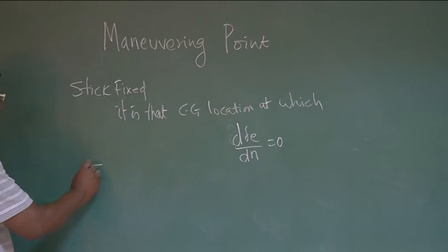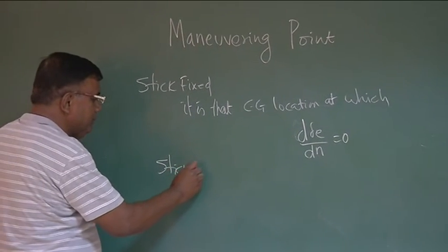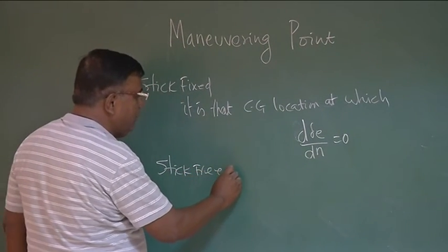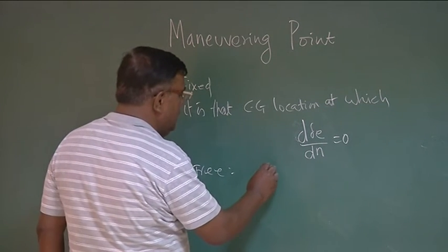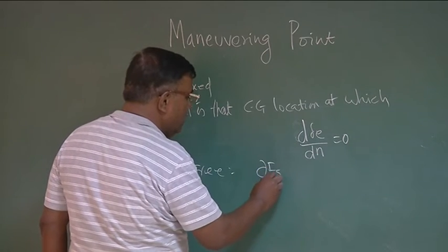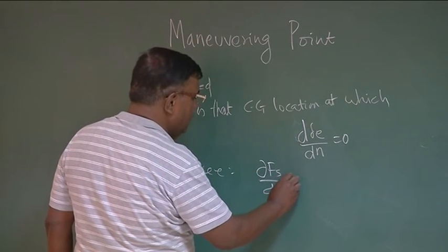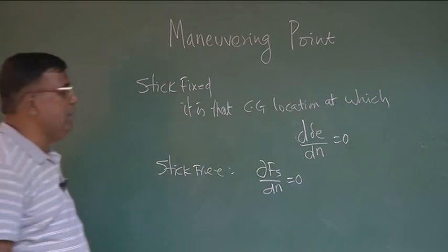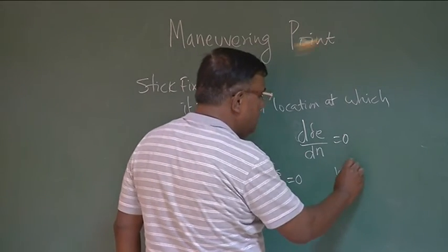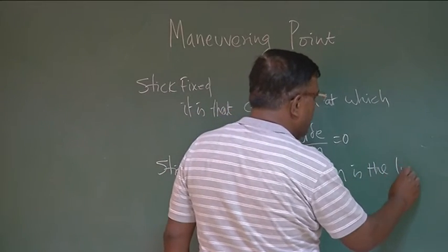And for stick free, we define maneuvering point stick free as that CG location at which dFs by dN equal to 0. Here F is the stick force, N is the load factor. What is N? N is the load factor.